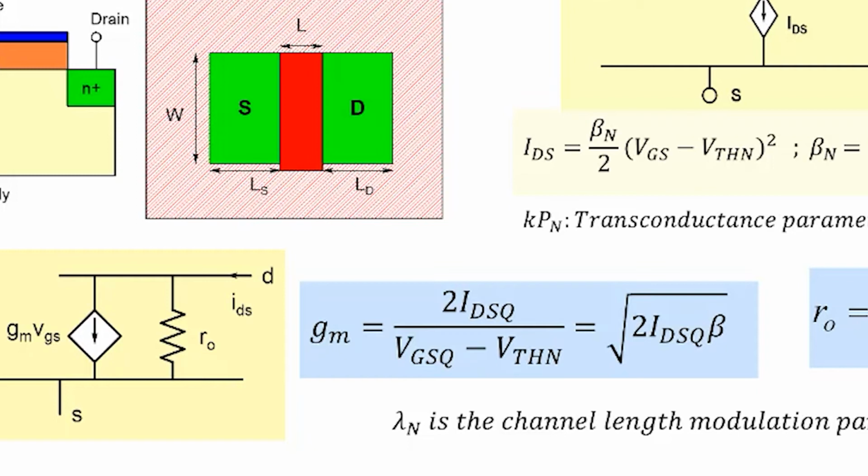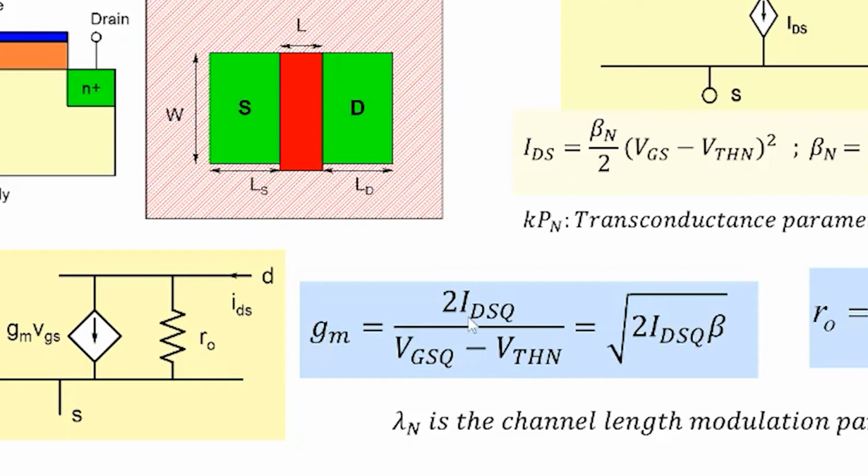So the gm, the transconductance that you see here, can be expressed as 2 IDSQ divided by (VGSQ minus VTHN), or the square root of 2 IDSQ times beta. Note that the small signal parameter gm depends on the DC current or DC voltages across the MOSFET.